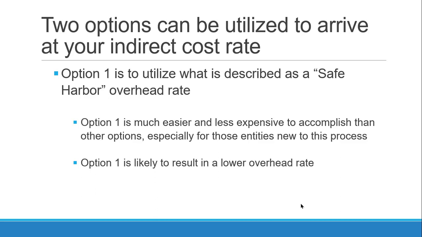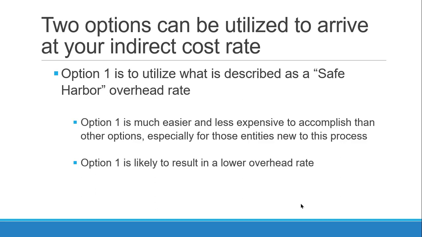There are two options that can be utilized to arrive at your indirect cost rate. And again, your indirect cost rate or your overhead rate will need to be determined and submitted to PennDOT for approval via the ECMS portal. Option one to compute your indirect cost rate is to utilize what is described as a safe harbor rate.